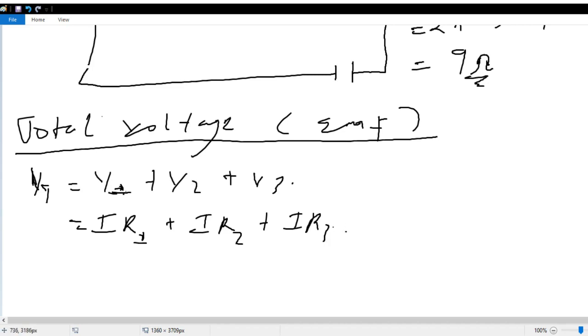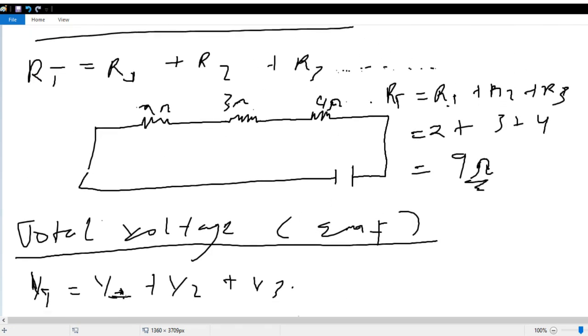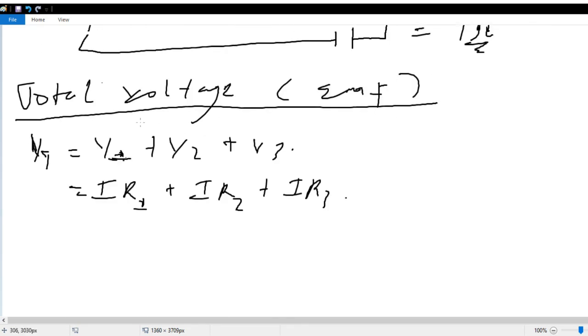So that's the formula that we use. Then from this we know that here the current is always the same, and we can use this example here.